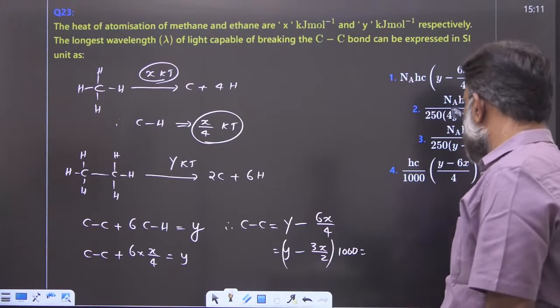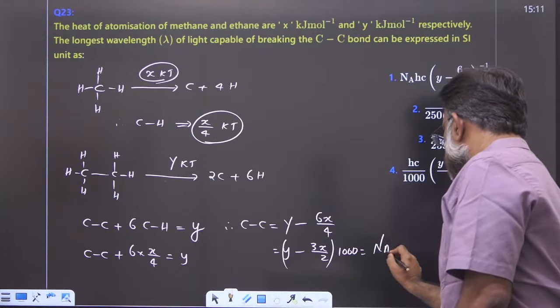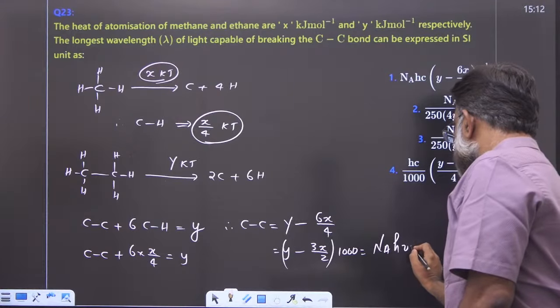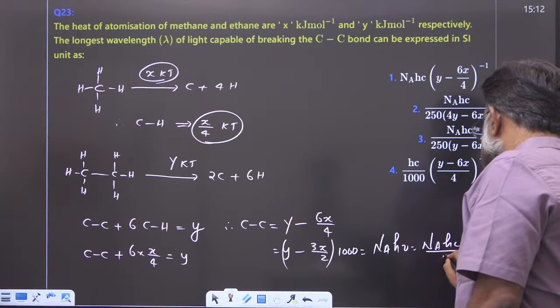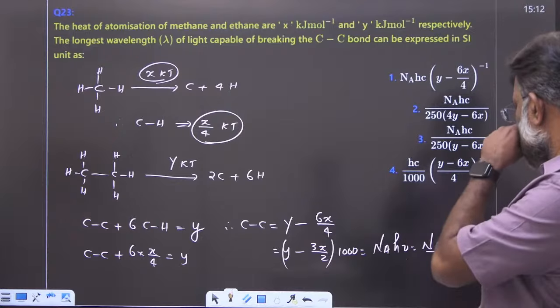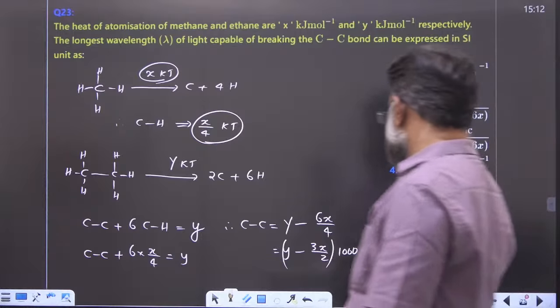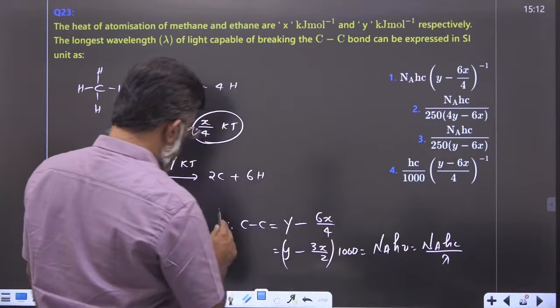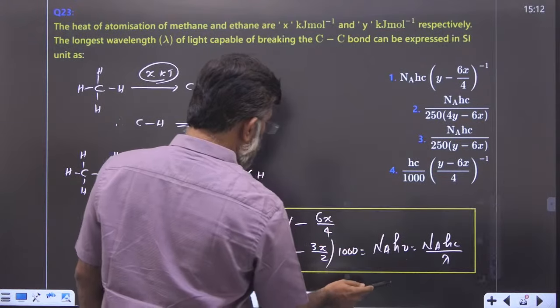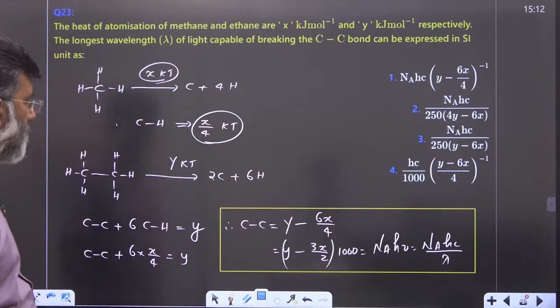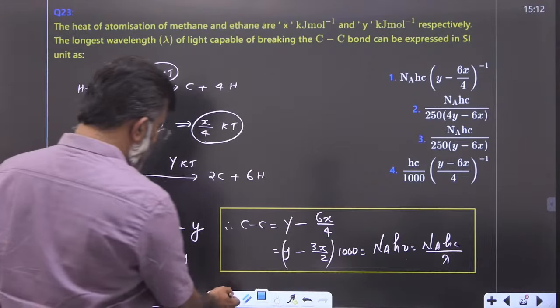Everything is per mole. So it is Avogadro number times h nu equal to Avogadro number times hc by lambda. So what will be lambda? This is one of the important parts of the question, and that takes you to the answer.